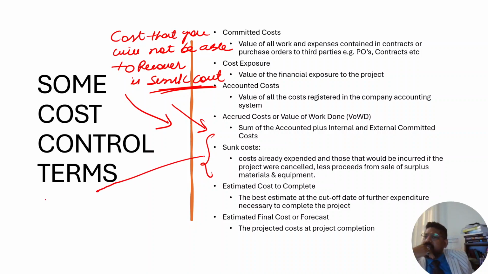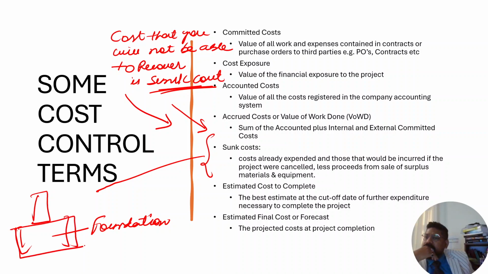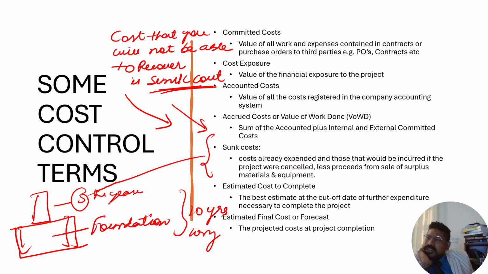Sunk cost is, let's say you are constructing a building, the foundation. Let's say the project is 10 years long. You are in the 5th year and you realized that there is no benefit of completing the project further.